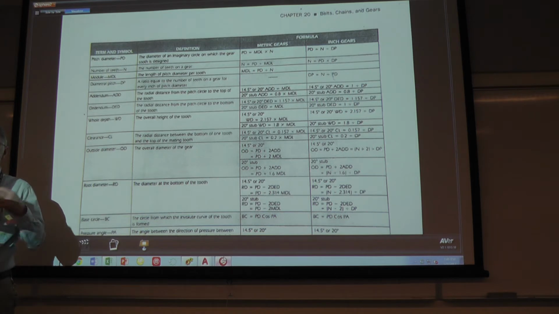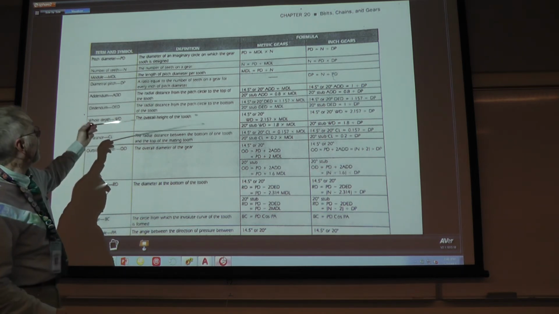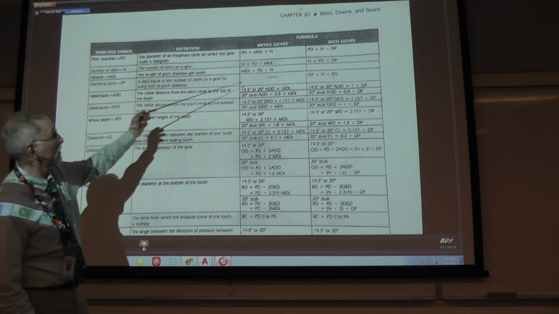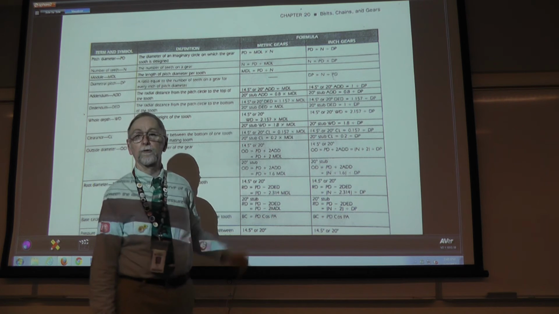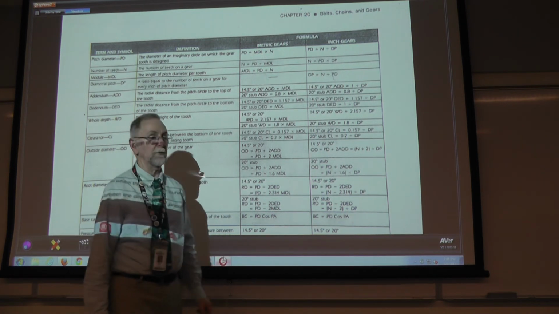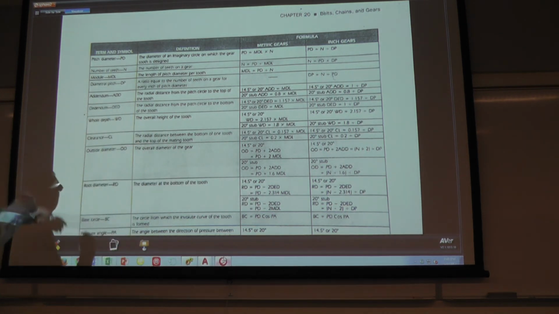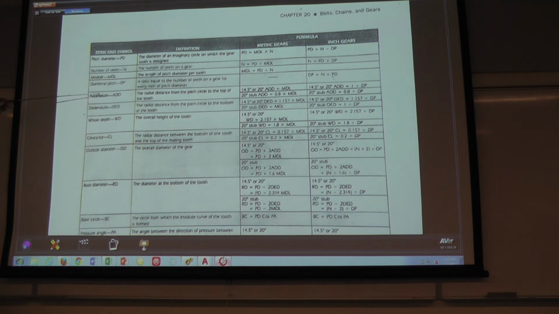Gears that mesh have to have the same diametral pitch, or they're not going to mesh. They're not going to work. To calculate the number of teeth, you take the pitch diameter and multiply it by the diametral pitch. Pretty simple. One other aspect that you're going to need, you'll need to calculate the addendum, because the addendum gets used in another formula that's down a little further.